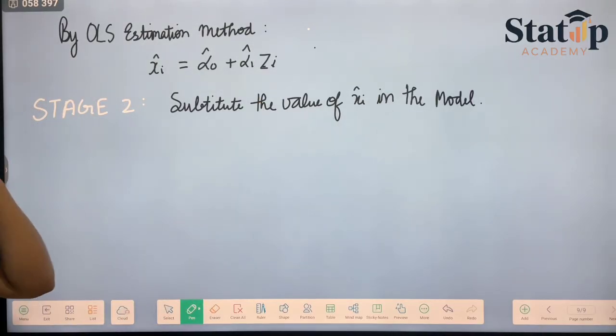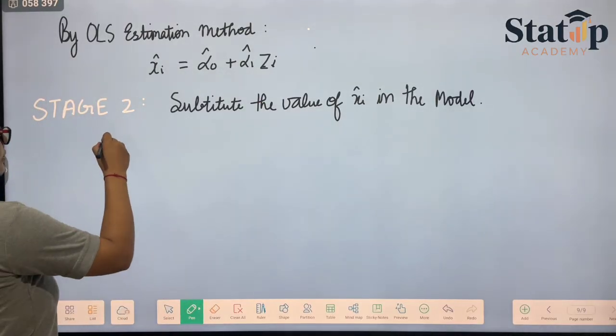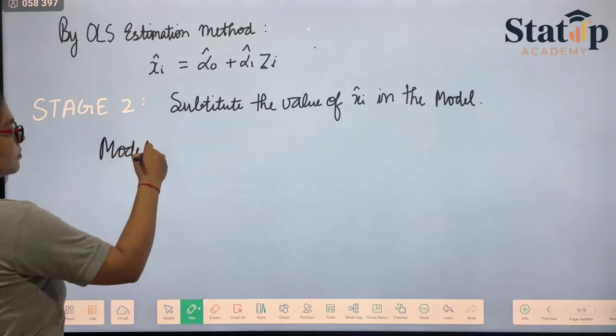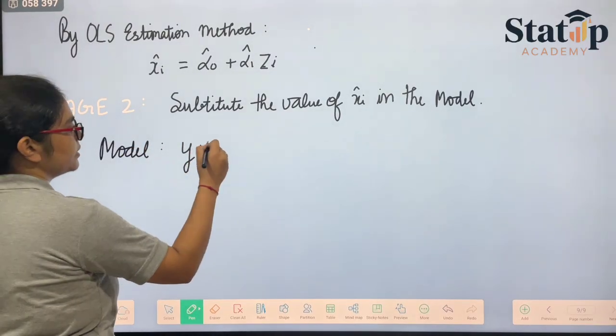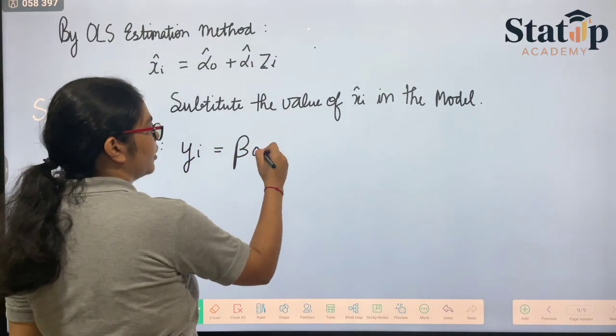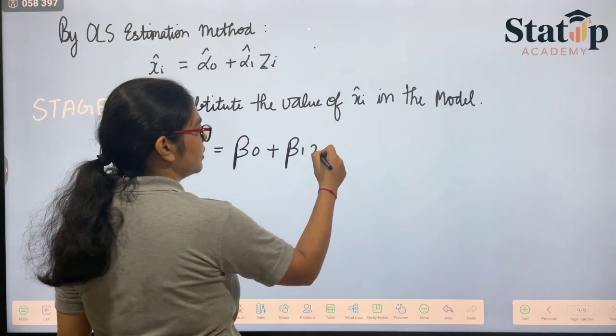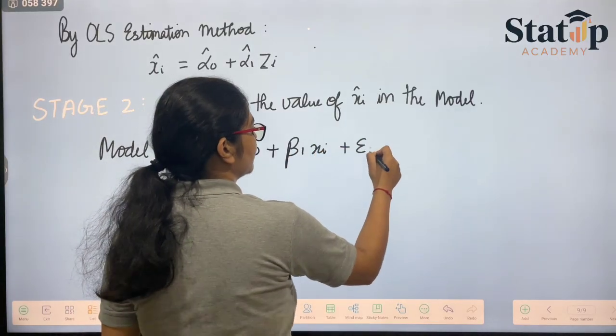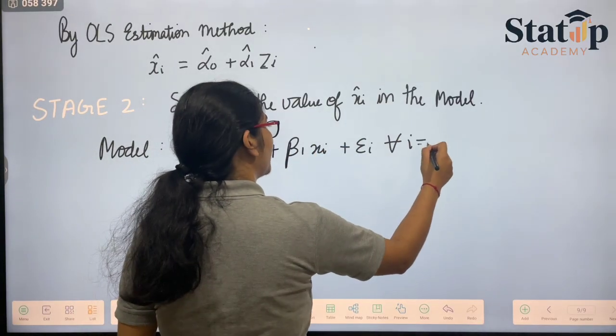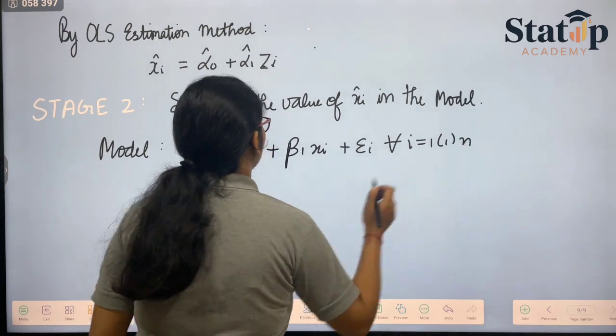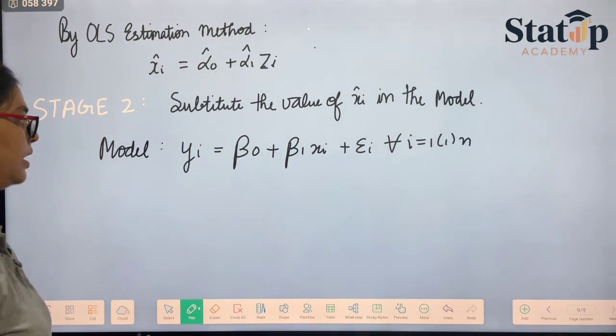Our model is given by yi equals β0 plus β1 xi plus εi for all i goes from 1 to n. Here we will substitute the value of xi.